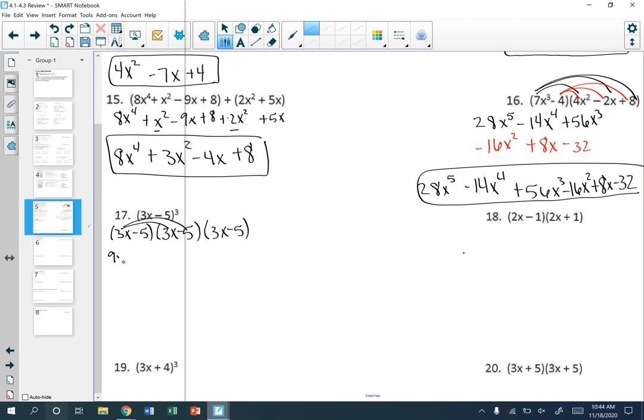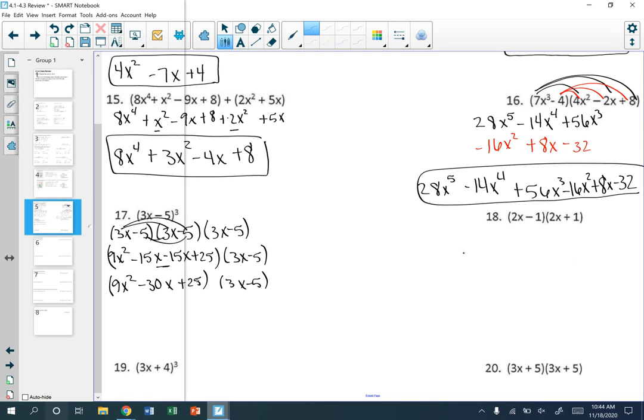We get 9x squared minus 15x, and then minus 15x plus 25. And then we still have this 3x minus 5, but first I'm going to combine my like terms here. So I get 9x squared minus 30x plus 25. And then I'm multiplying that by 3x minus 5.